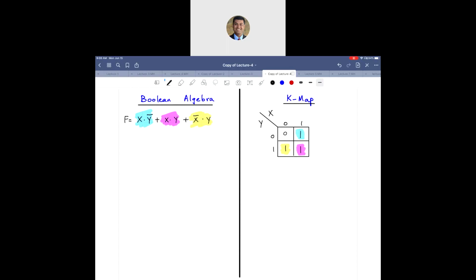Now, when you group in the K-maps, what do you do? The first question you ask for a 2-variable K-map is, can you make a group of 4 ones? The answer is no. Can you make a group of 2 ones? The answer is yes. Where are those 2 groups? They are here and they are here. Now I want you to notice something here.